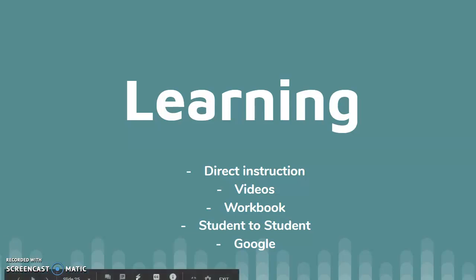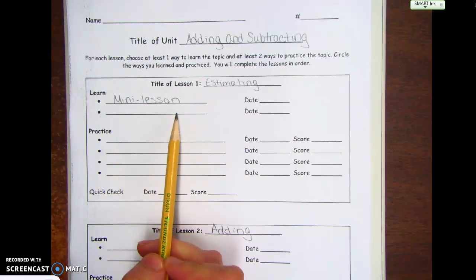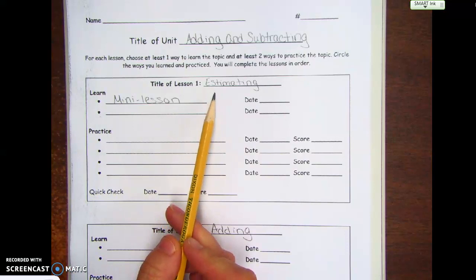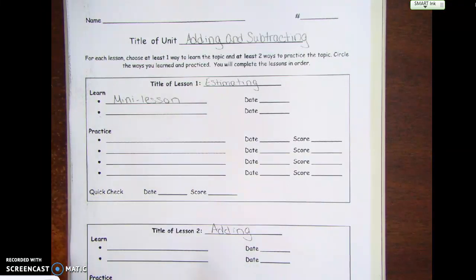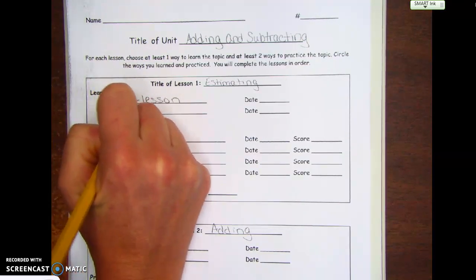So I'm thinking, going back to my planning sheet, I definitely can do a mini lesson, but because the lesson is on estimating and my students would have just finished a unit on rounding, I can also create a how-to sheet for them.